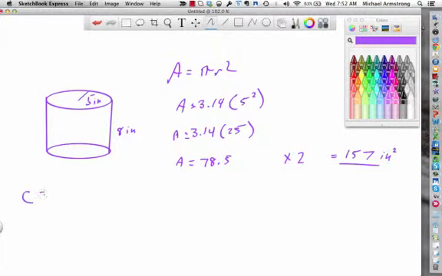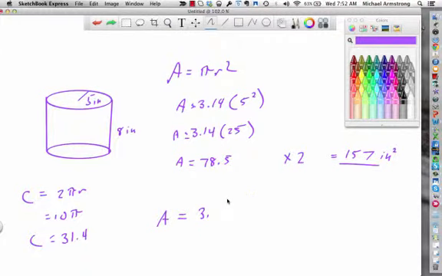Okay, so now this one, the circumference equals 2 pi r, so that's 10 times, because the radius is 5, 2 times 5 is 10 times pi, and if pi is 3.14, we can do that in our head. 10 times pi is 31.4.